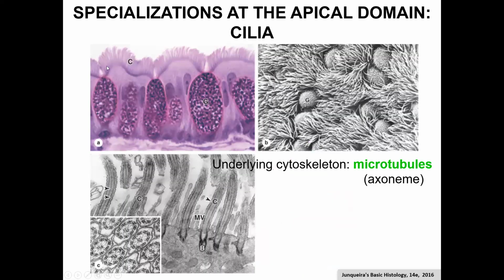The other specialization that we discussed today are the cilia. The cilia are present at the apical part of the columnar epithelia, in the respiratory pseudostratified columnar epithelium. They have microtubules as a cytoskeleton, and their property is to beat, usually in one direction, and generate a flow of fluid at the surface of the cells towards one direction.